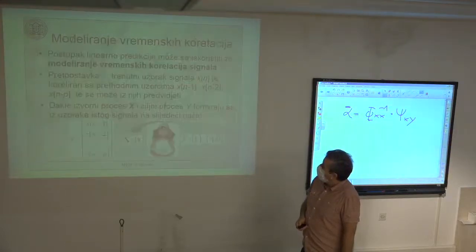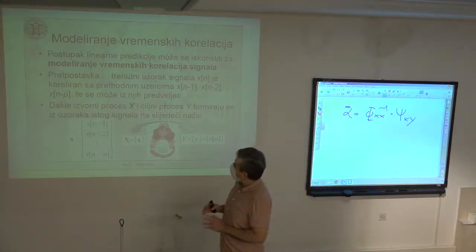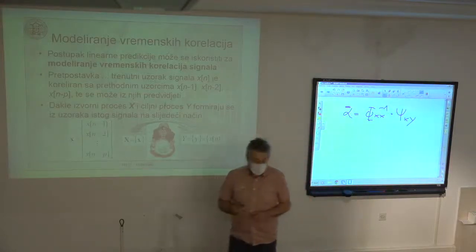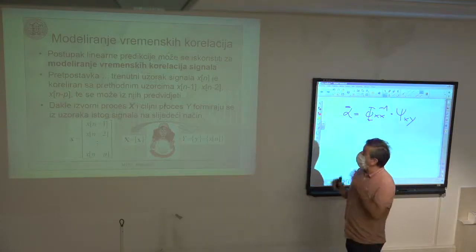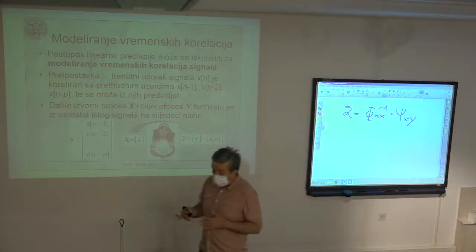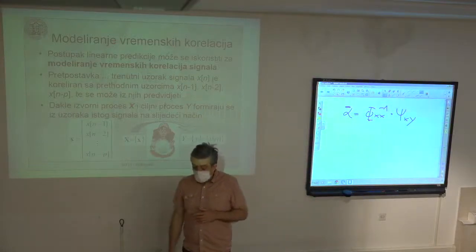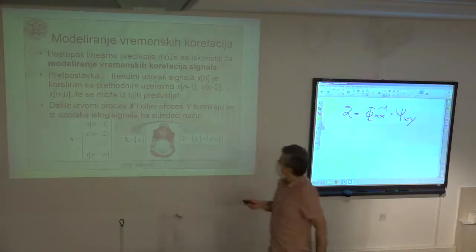Okay, then now we will discuss how to apply this linear prediction to prediction of time series. So I have a time series, and I want to apply the linear predictor to predict the next value of this time series from the preceding values. Okay?